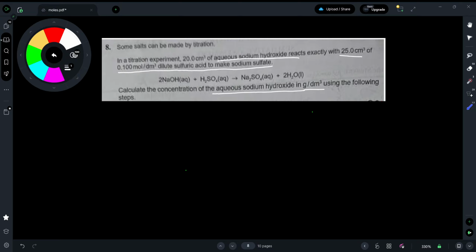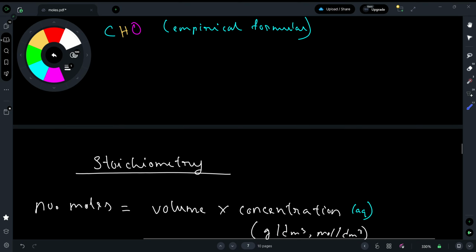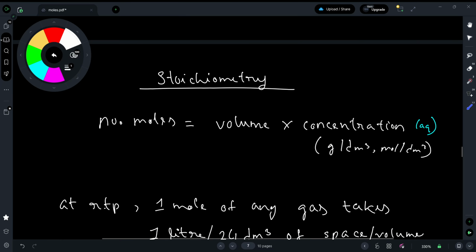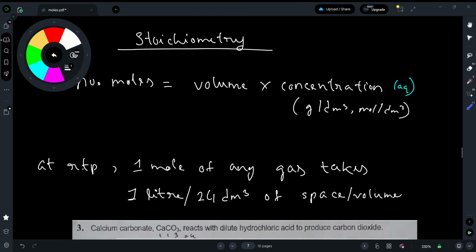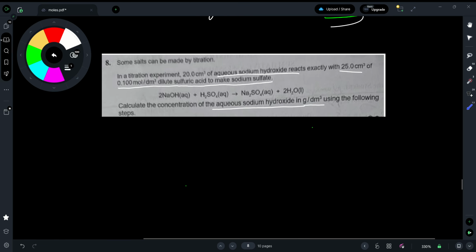And if you think about it, we have the volume and the concentration of sulfuric acid. So for the formula, number of moles equals volume into concentration, you can get the moles of sulfuric acid.